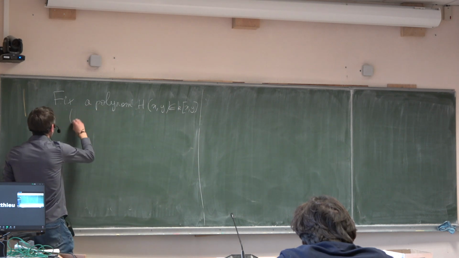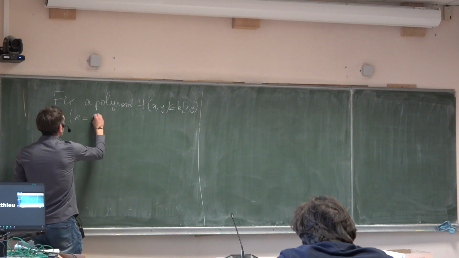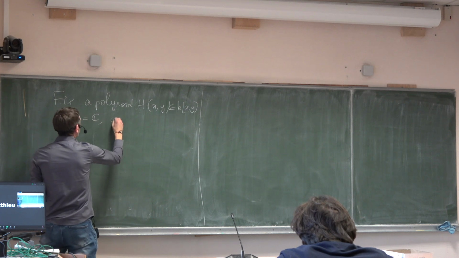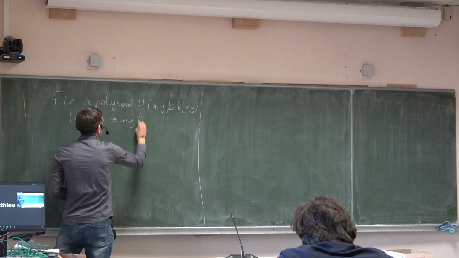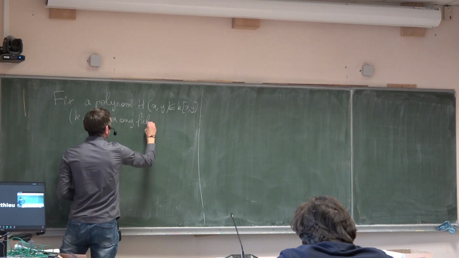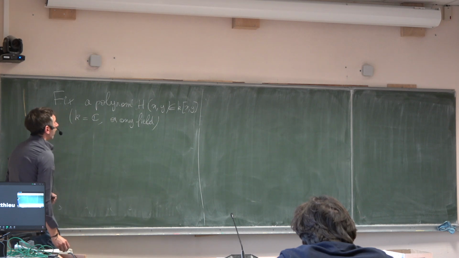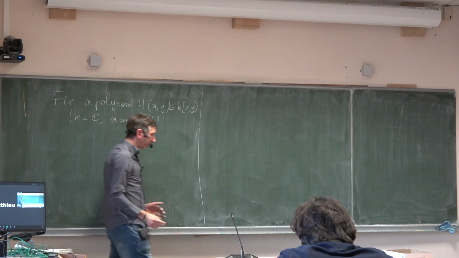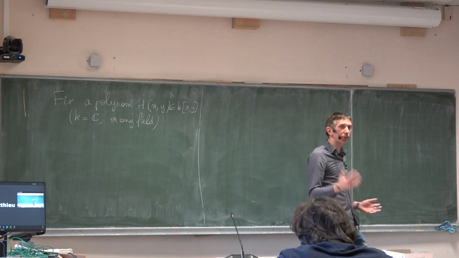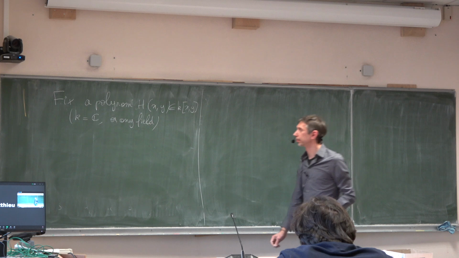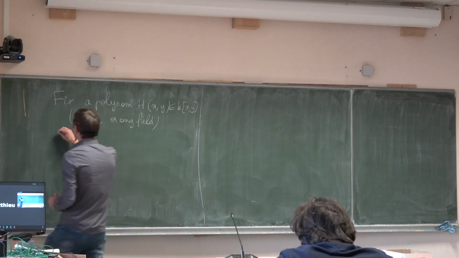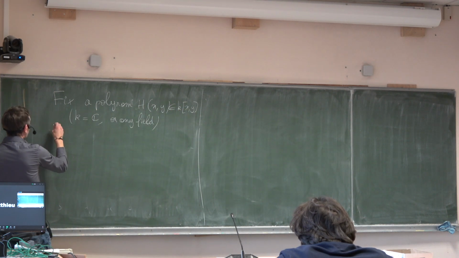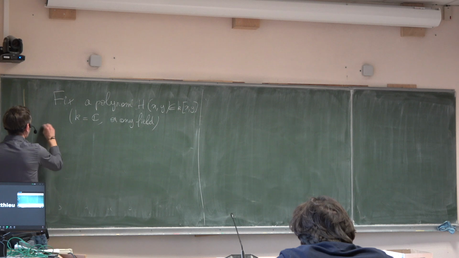Keep in mind that K can be equal to C or any field. And the question is, what do all the vector fields for which H is an algebraic solution look like? Try to say something.